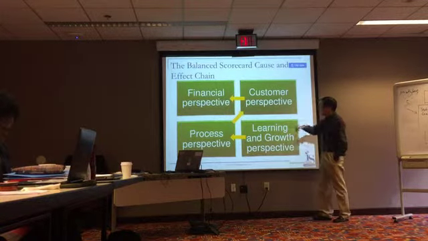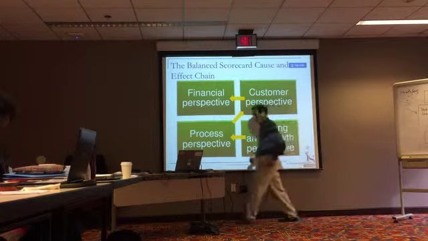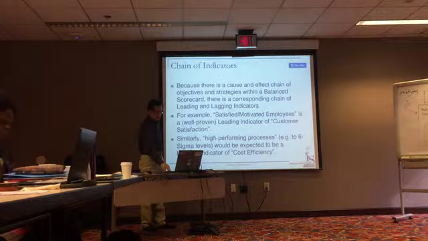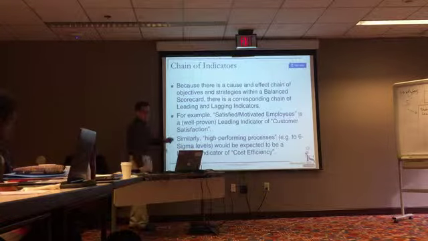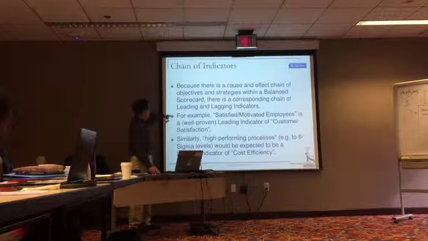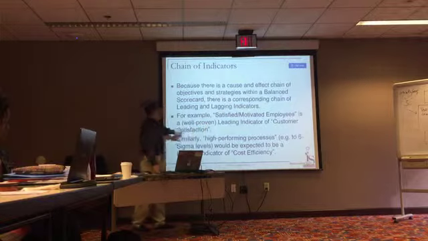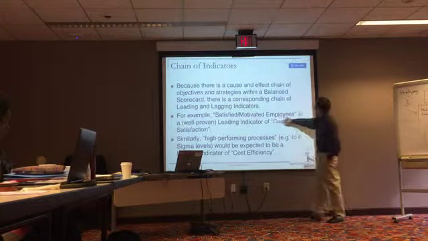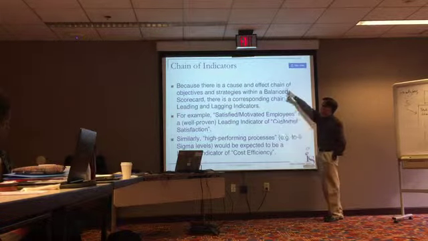So when you design each perspective, you have to use a combination of these two to make a balance. Here, a satisfied, motivated employee is one leading indicator of customer satisfaction.